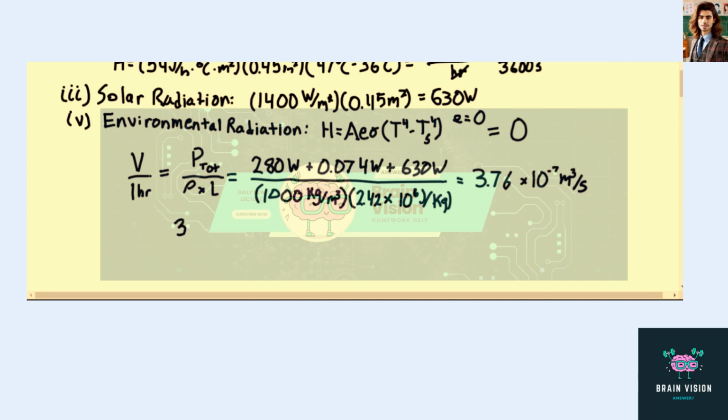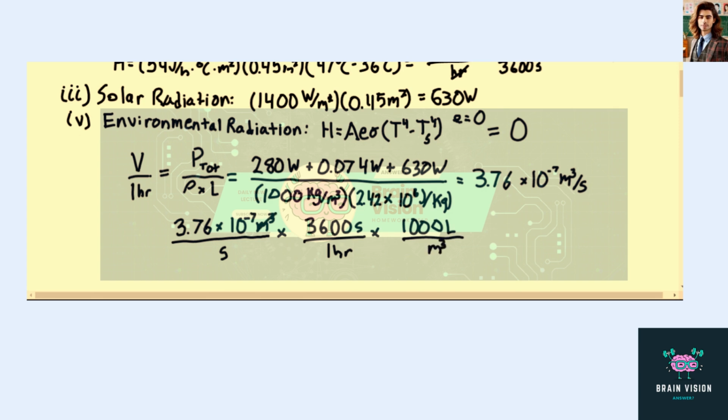Once again, let's convert that to liters per hour to get a better idea of how much perspiration that'll be. So take 3.76 times 10 to the minus 7 cubic meters per second and multiply by 3,600 seconds per hour, and then multiply by 1,000 liters per cubic meter.